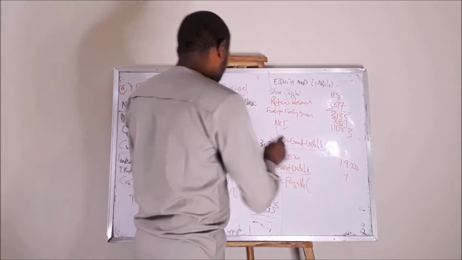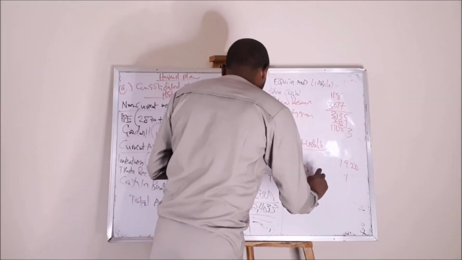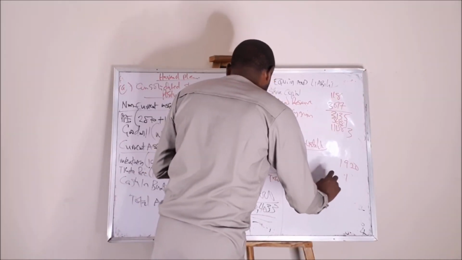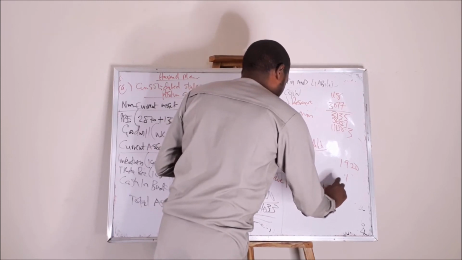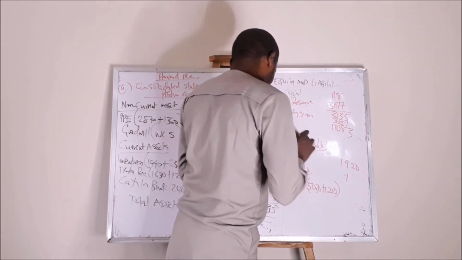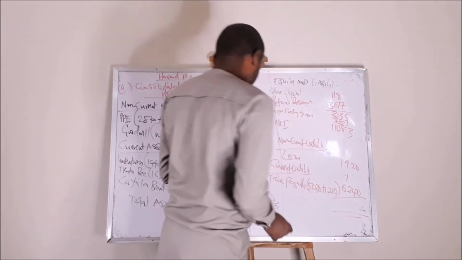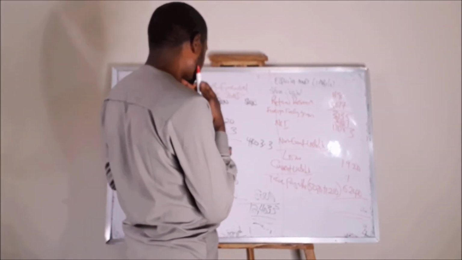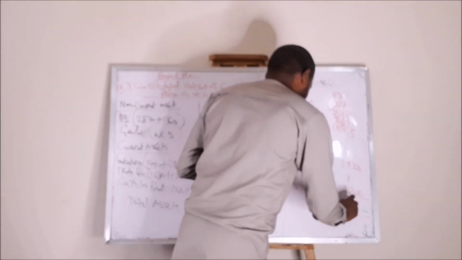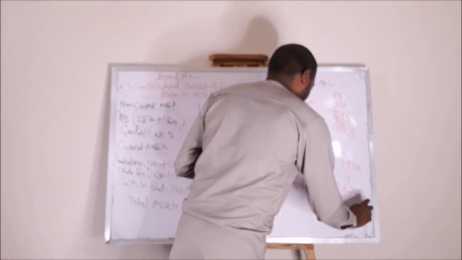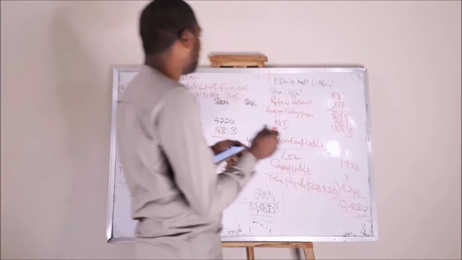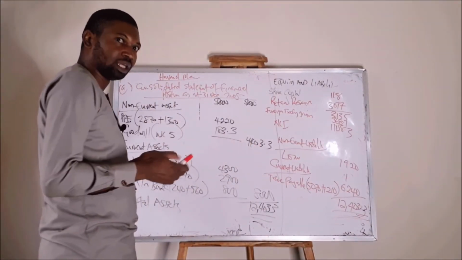Parent's own is 5030, but that of subsidiary is 1210. That's going to give us 6240. So if you add everything together, it's going to give you 12403.3. So that is the end of the statement of financial position. So let's do the statement of profit.